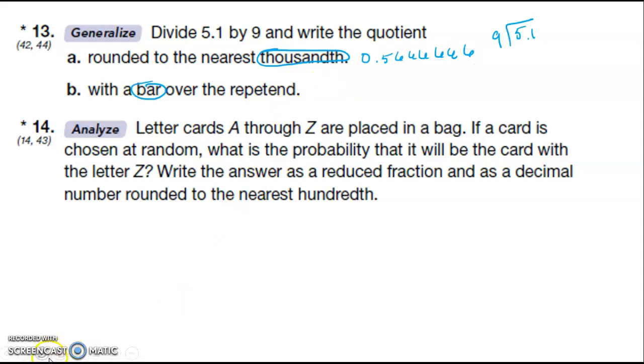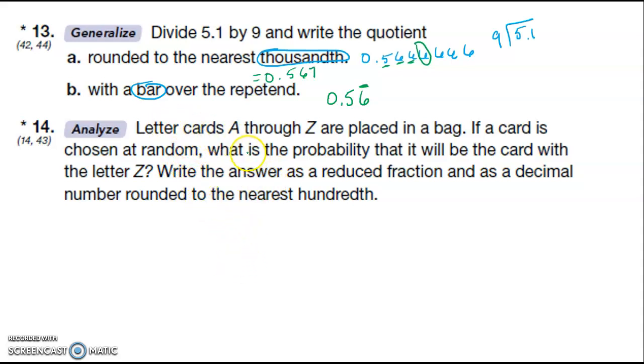So this first one wants me to round it to the nearest thousandth. So this is tenths, hundredths, thousandths. I'm going to look at this one. This is greater than 5, so this is going to be 0.567. And then B says with a bar over the repetend, so that's going to be 0.56 with a bar over the 6.